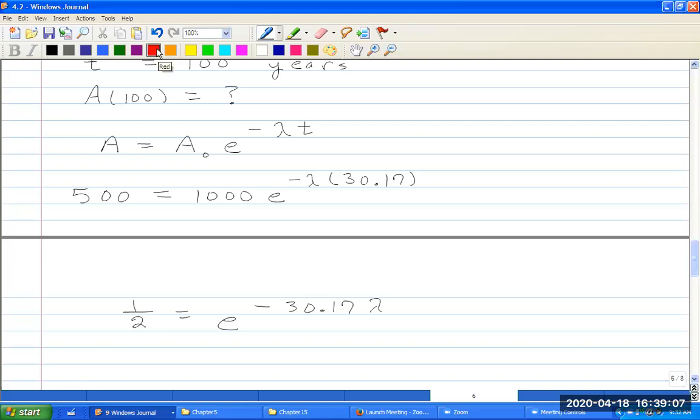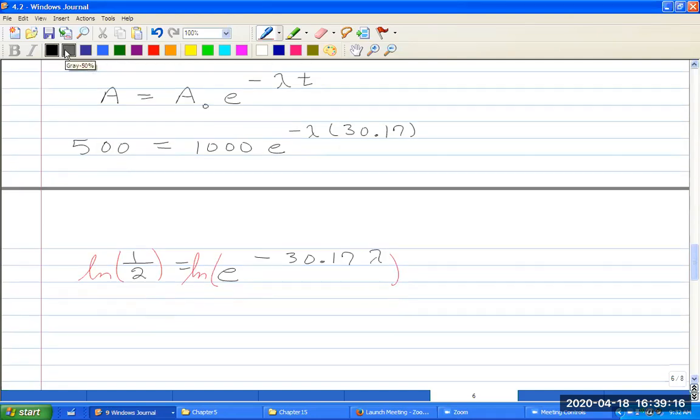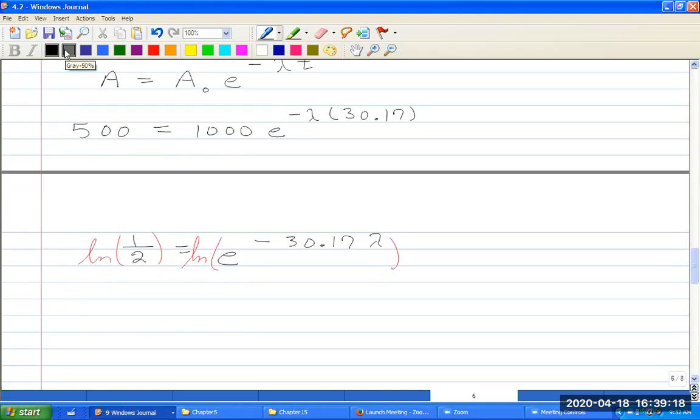Let's take ln of both sides of my equation. ln of 1/2 is the same as minus ln of 2. ln e to any exponent is the exponent.